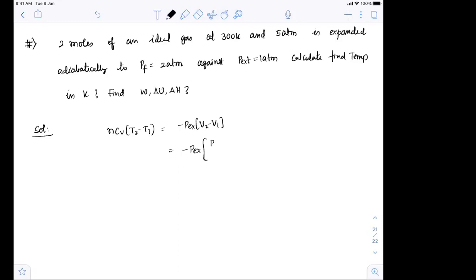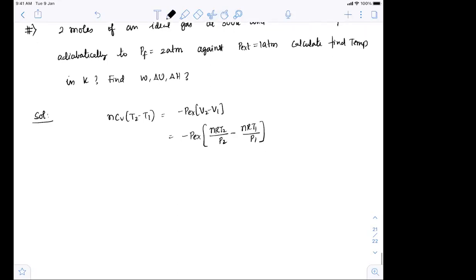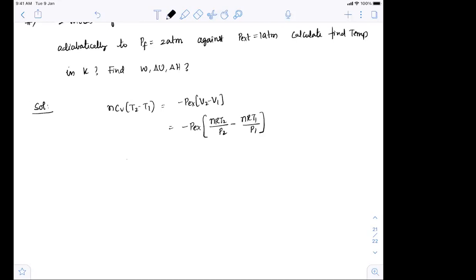Inside, write in terms of pressure and temperature: nRT2 by P2 minus nRT1 by P1.